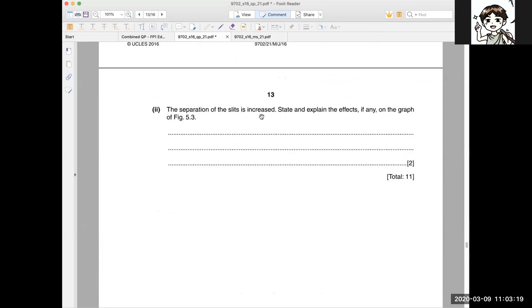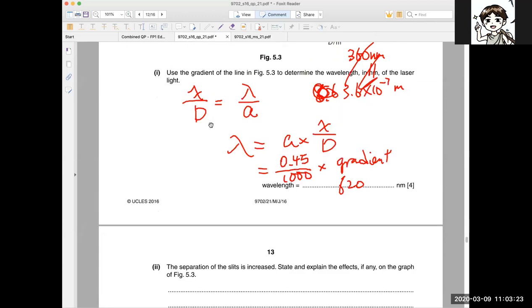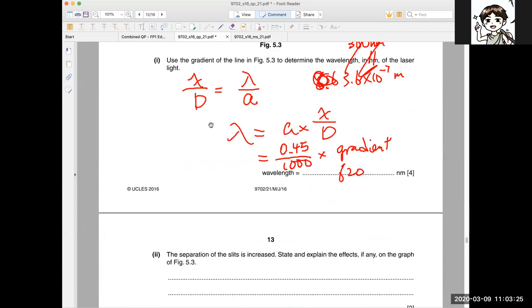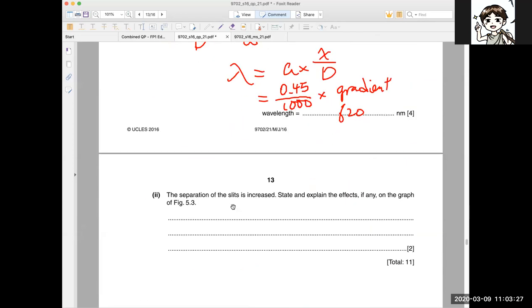The separation of the slit is increased. State and explain the effect, if any, on the graph. The separation of the slit increased, but the wavelength is still the same. So look back to this formula. The separation of the slit increasing means that a increases, so x over d should decrease, okay?